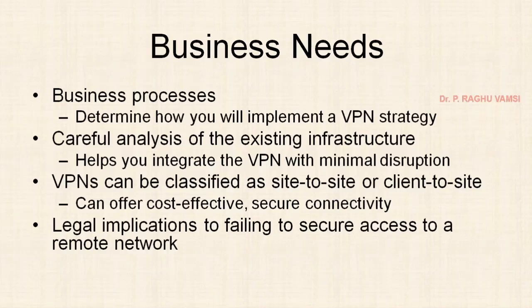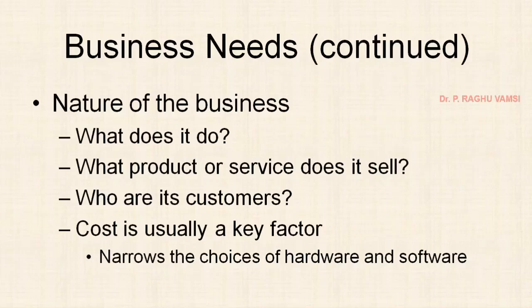So VPN can be classified as site-to-site or client-to-site, and can offer cost-effective and secure connectivity. So these are the questions that need to be addressed before going for the designing of the VPNs.